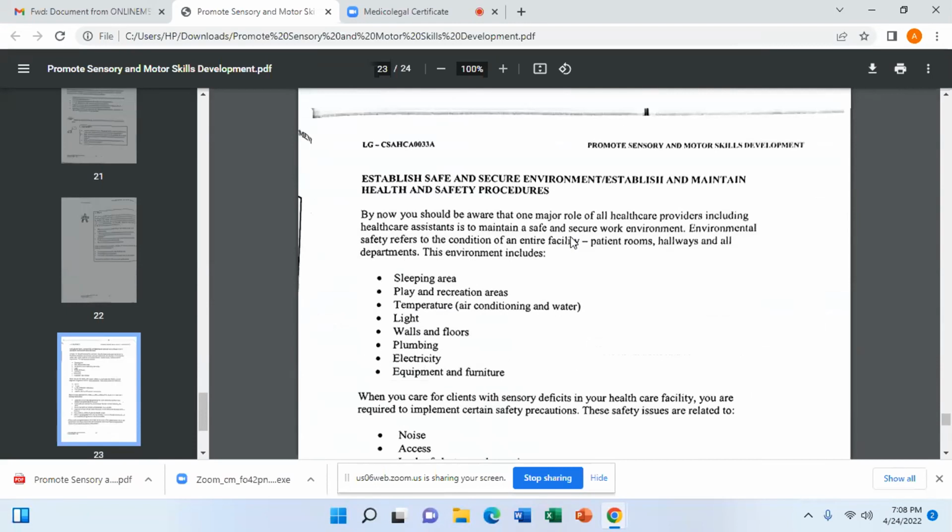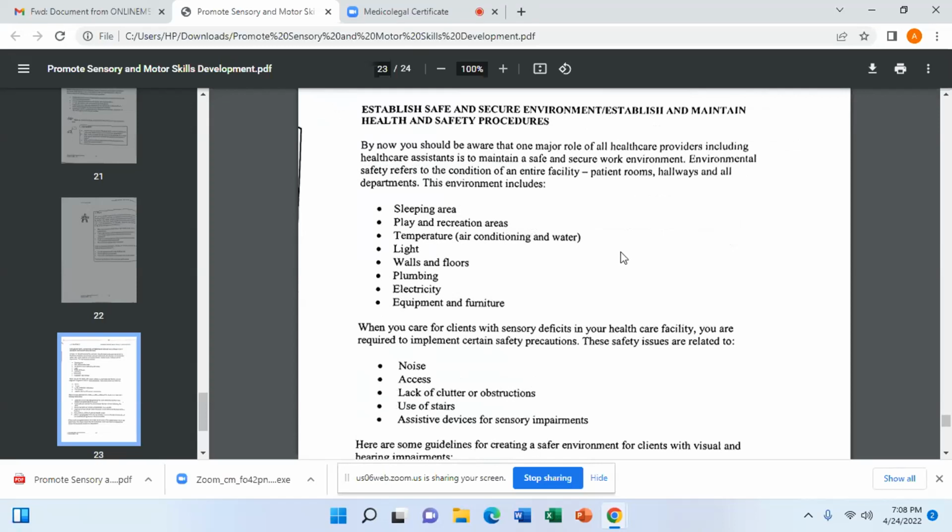So we're now at establish safe and secure environment and establish and maintain health and safety procedures. It says, by now, you should be aware that one major role of a healthcare provider, including healthcare assistants, is to maintain safe and secure work environments.